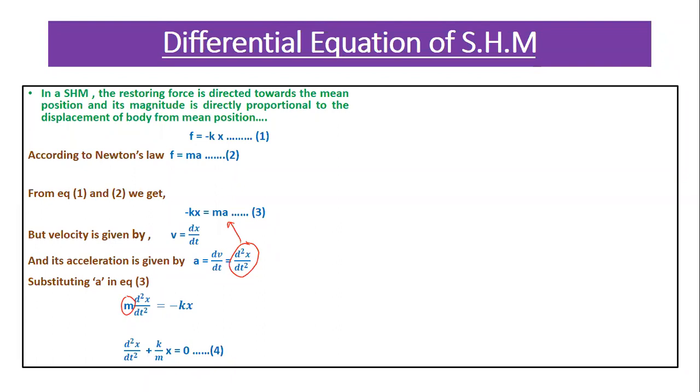Now we shift this minus k by m to this side, so we get the formula d square x by dt square plus k by m into x is equal to 0. Here we can substitute k by m as omega square. Remember that omega is under root k by m. How we get this omega is coming in the next article, but remember that omega is root k by m, so omega square is k by m.